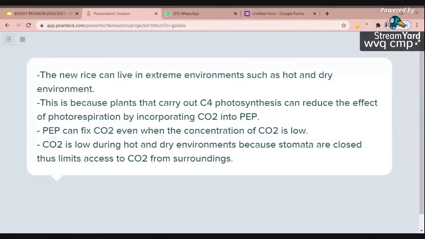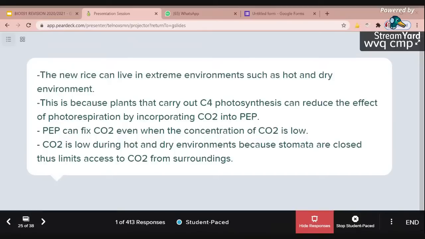And then betul, it can carry out C4 pathway that it incorporated CO2 into PEP. It can minimize photorespiration. Okay, so jawapan ni betul.